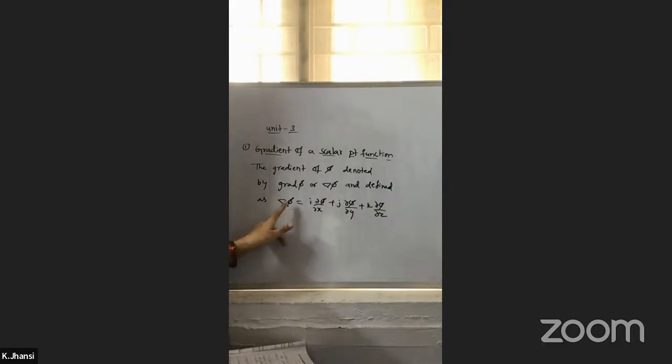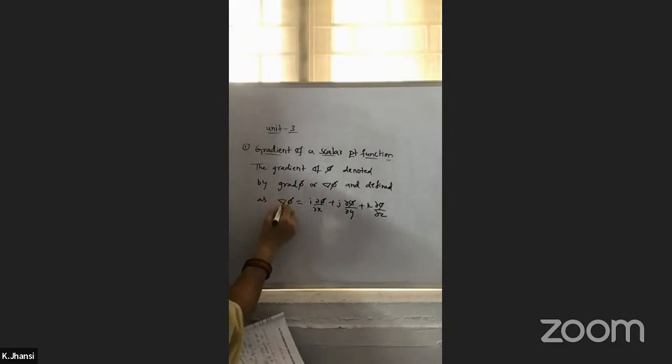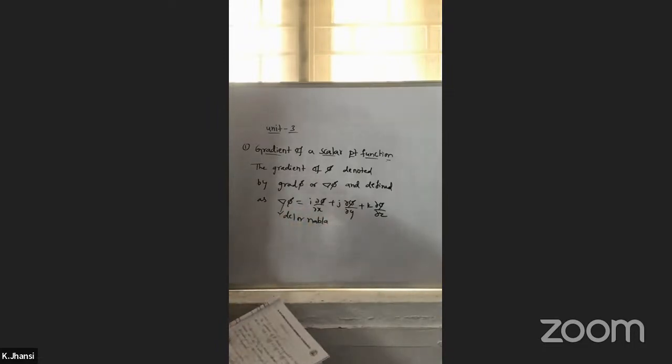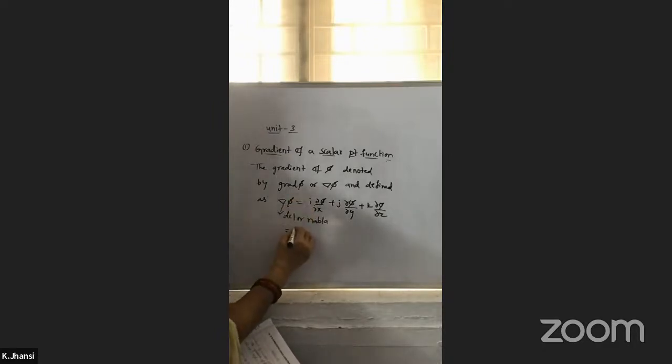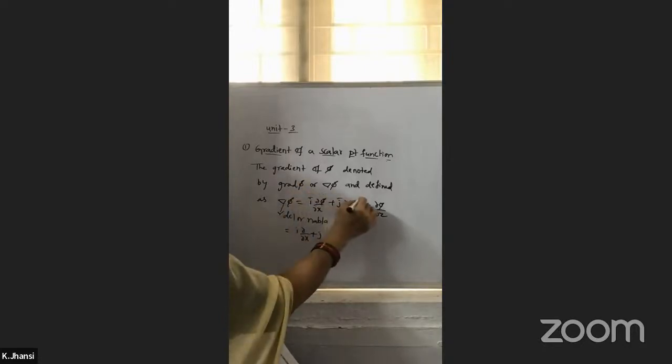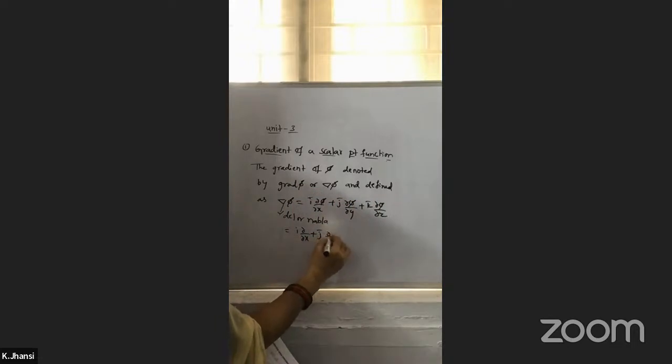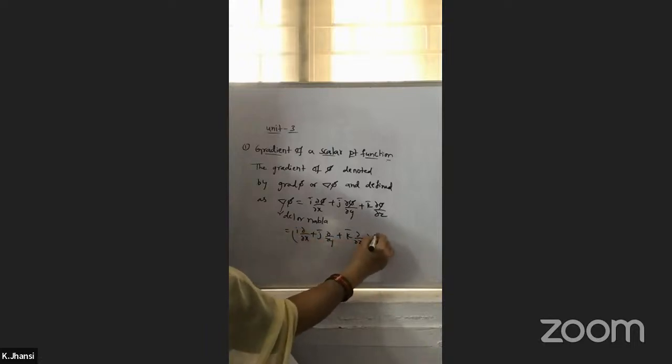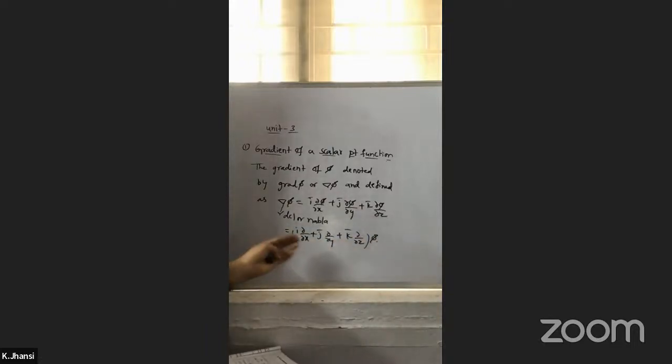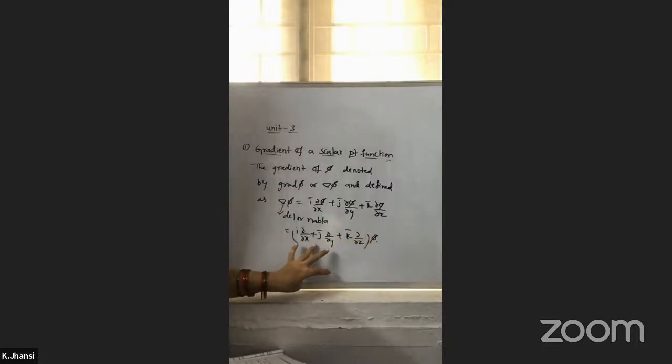This is called del, or nabla. You can separate it as i dou by dou x plus j dou by dou y plus k dou by dou z, into phi. Any given scalar point function you have to multiply with del.